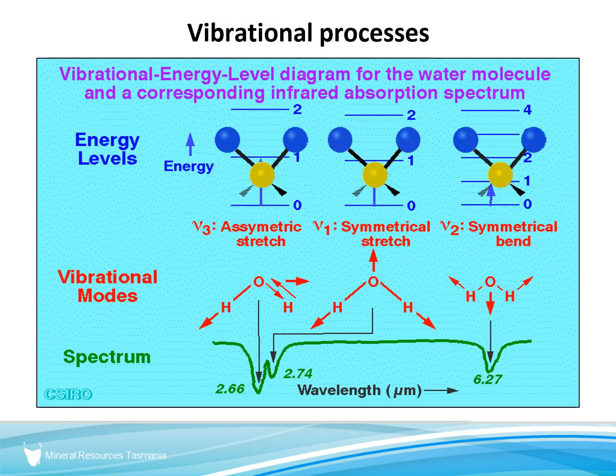What happens when the light goes in is that if it's a wavelength which resonates with the energy of vibrations in the molecular components of the crystal, then it will absorb. So here we have an asymmetric stretch between the oxygen and hydrogen elements of a crystal, and here's a symmetrical stretch, and over here a symmetrical bend, and all these will have different energies related to them.